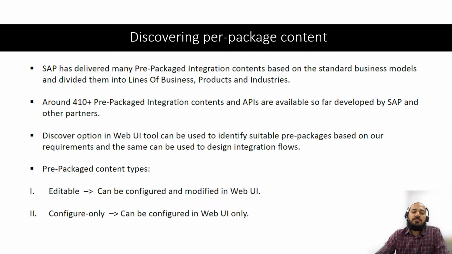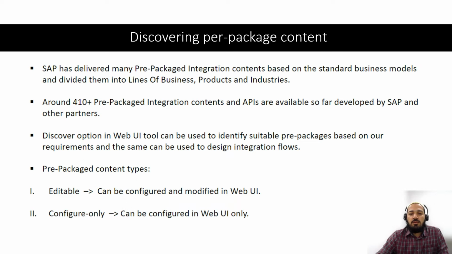Discovering pre-packaged content. First of all, SAP has delivered many packages down the line since the inception of BTP. The content is based on the standard business model, and it is divided by line of business, product, and the industry it is used in. There are 400 plus integration contents and APIs available so far, and the number is increasing.